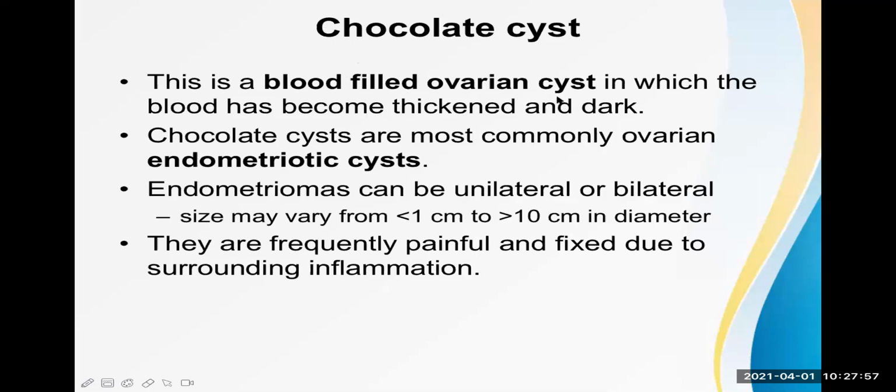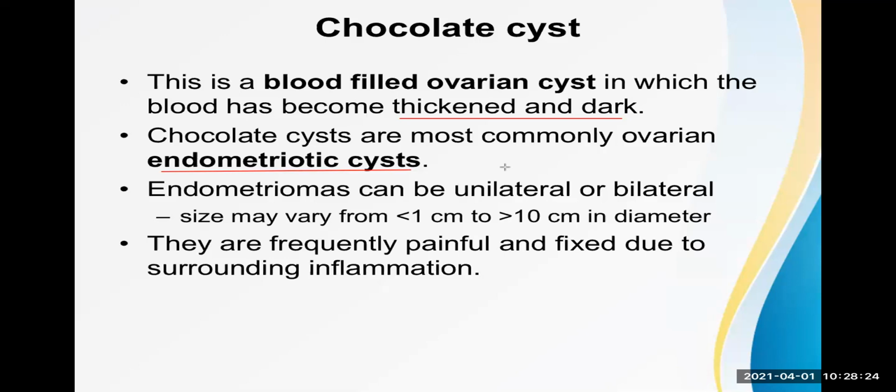This is a blood-filled ovarian cyst in which the blood has become thickened and dark because of repeated bleeding there. Chocolate cysts are most commonly ovarian endometriotic cysts. Now you all know the meaning of endometriosis because I've explained this point a few times already.